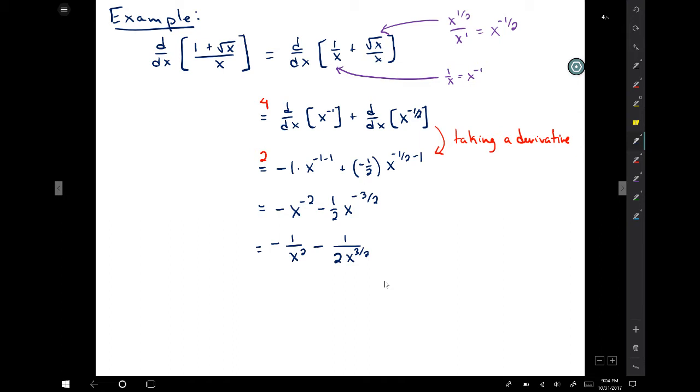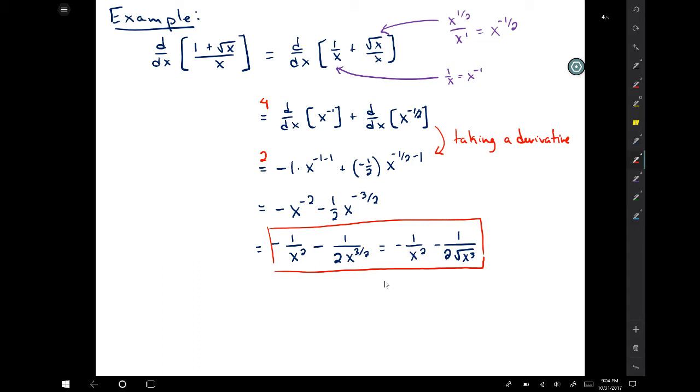And this is fine, except you may or may not look at that x to the 3/2 and say, oh my goodness, what is that? So I'll rewrite this one more time, the most understandable way. And that second term is 2 times the square root of x cubed. So again, both of these are really the same thing. They're both equally correct. And depending on what you want to do with it, you might prefer one over the other.